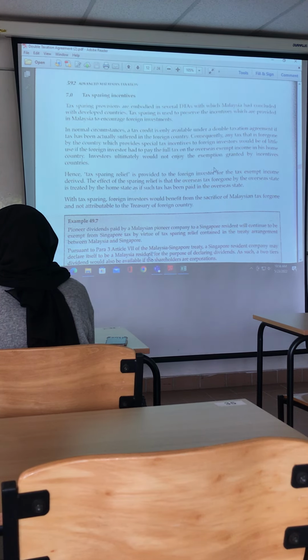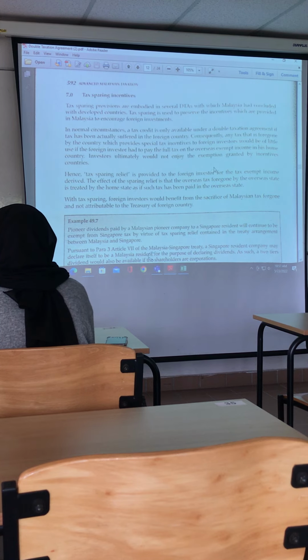So when the company does not pay tax in Malaysia because of the tax incentive, what happens is that under normal circumstances, the tax credit is only available under a double tax agreement if tax has actually been suffered in the foreign country. Look at this. You are talking about a foreign enterprise having business in Malaysia.